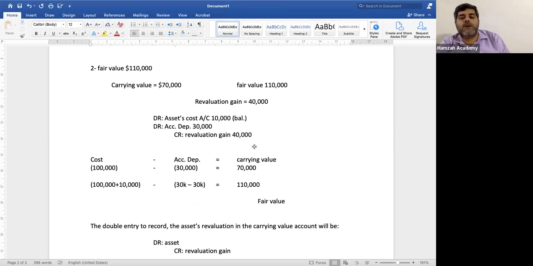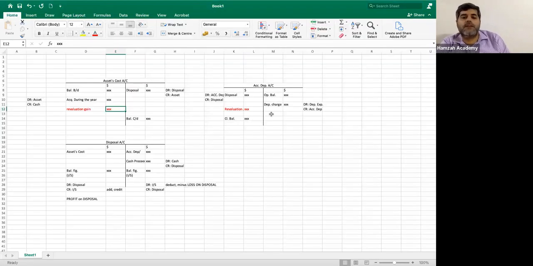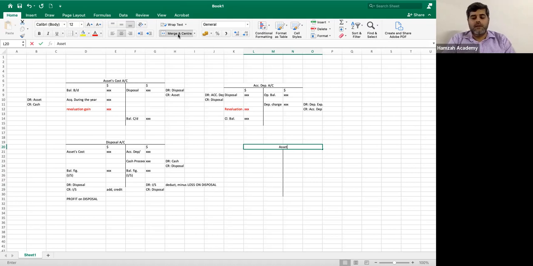Now, as we have talked about the asset's carrying value account, let me show you this account over here. This is going to be an important account as well, because mostly you're going to make up this account. This is the asset's carrying value account. We have the balance brought down, just like the cost account.